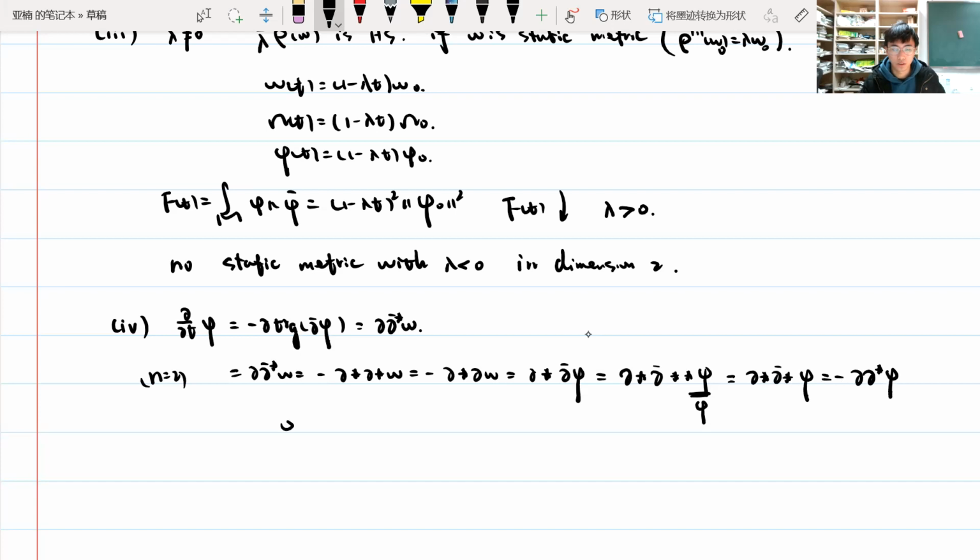And because phi is exact, so this is minus. That is the heat flow version for phi.